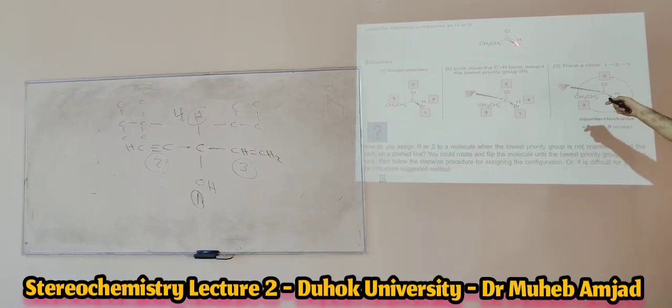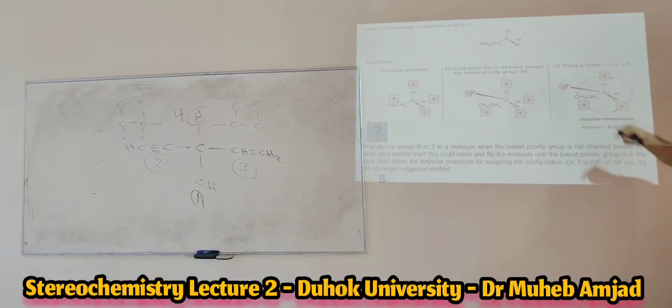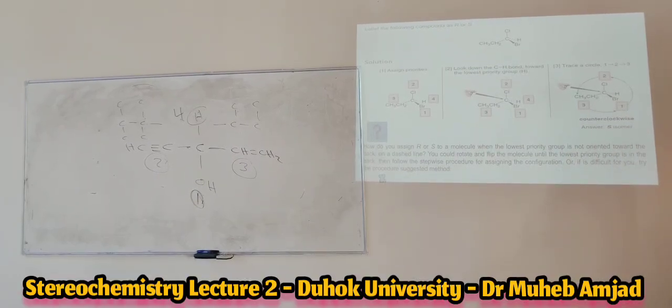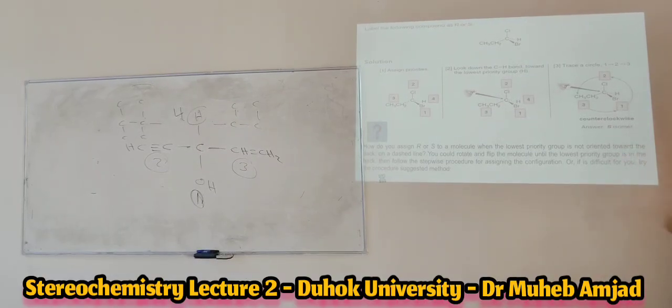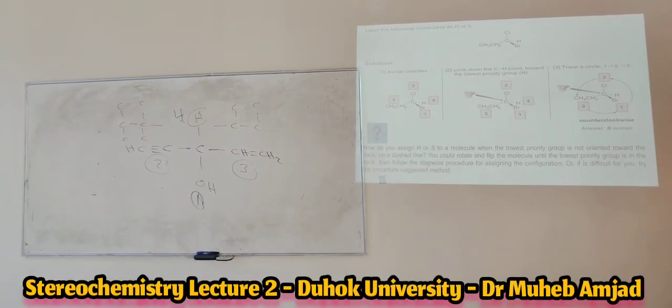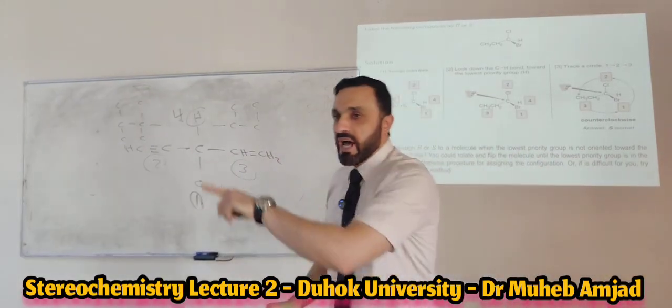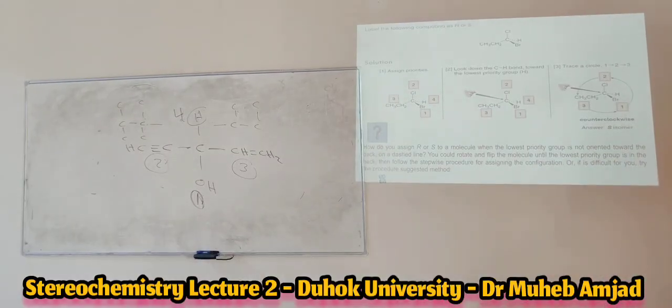Okay, Cl or Br will take number 1. Br, this one. And CH2CH3 will be number 3. That means 1, 2, 3. So is it S or R? S. Okay, good. S isomer. Look, it's an easy system. Just look at it and look around the priorities. It will be clockwise or reverse to clockwise.